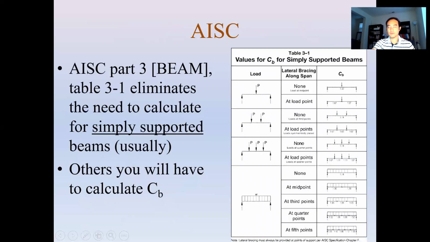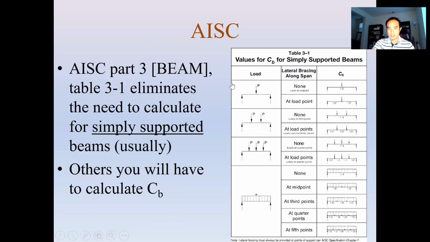This table comes from your steel manual, the steel Bible, and it covers most of the typical cases based on the simply supported beam, which is the usual case, right? So what if we have a simply supported beam and one concentrated load in the middle? Here we have a corresponding C sub B value, but with 2 different cases. One is where we do not have any lateral bracing.